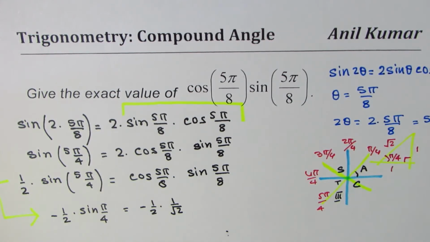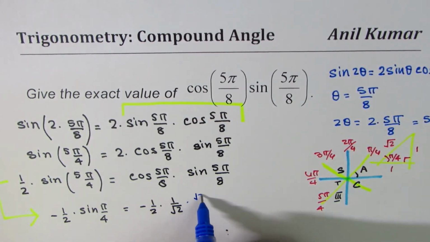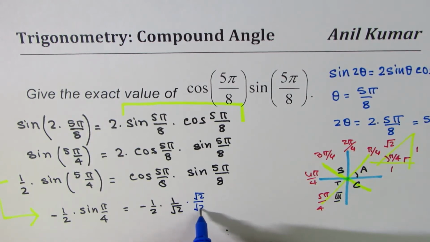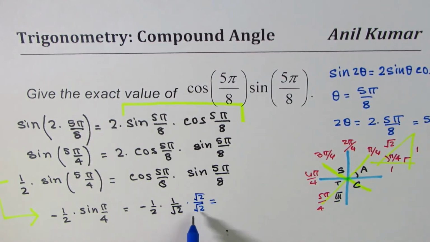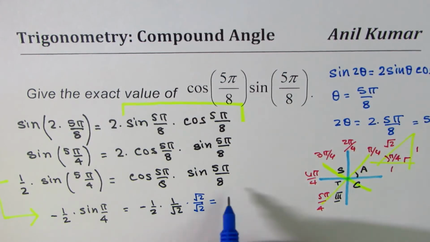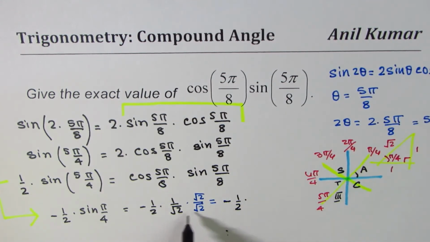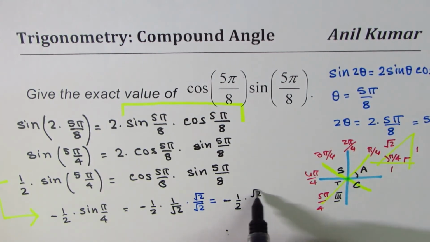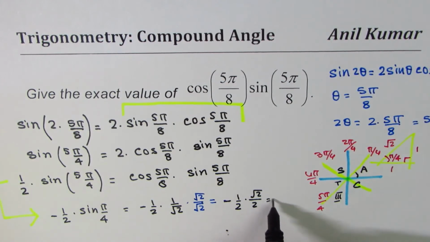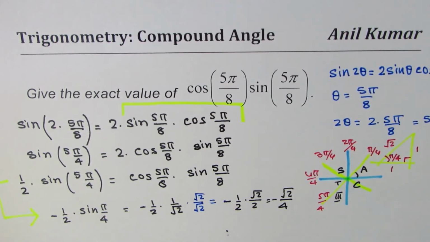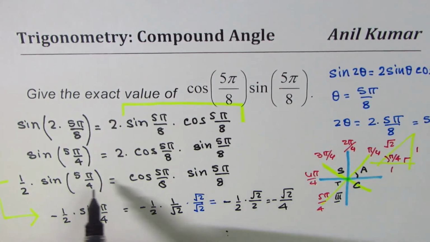I'll rationalize by multiplying and dividing by square root 2. Square root 2 times square root 2 is 2, so we get minus half times square root 2 over 2, and that is minus square root 2 over 4.